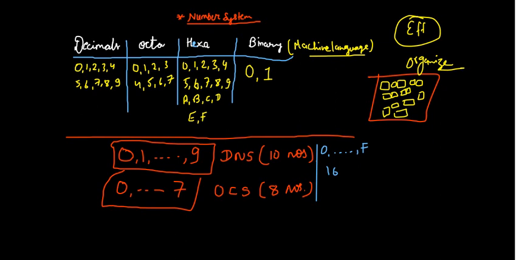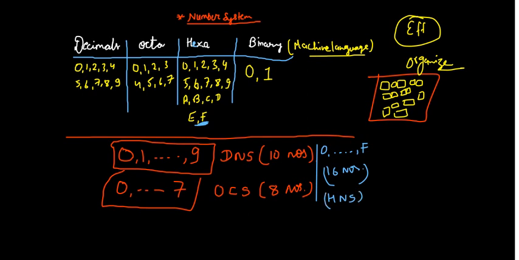Like 0 to 9 is 10, and then 11, 12, 13, 14, 15, 16. So F is counted as the 16th term. There are 16 numbers, and this number system is called the hexa number system, HNS.